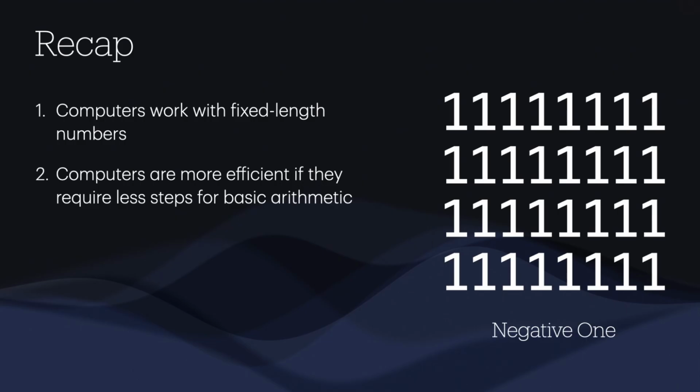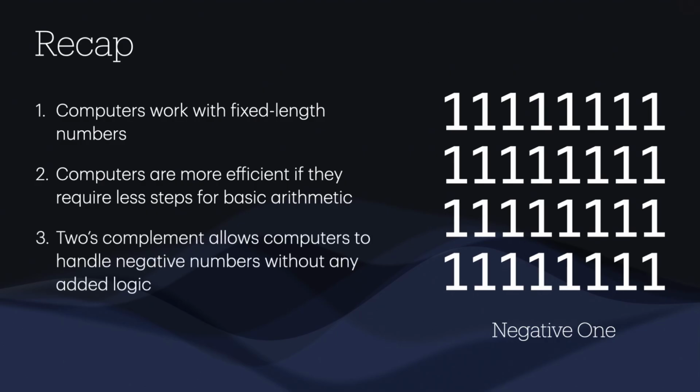So we can't use a similar system to what humans use, where we just use the first bit to denote the sign and then use the rest of the bits for the value. Instead, we had to be a bit more clever than that. So in order to do that, we invented 2's complement, which allows computers to handle negative numbers without any added logic because, again, 2's complement means we can now incorporate negative numbers into our arithmetic without adding any extra logic. Subtraction is built into 2's complement.